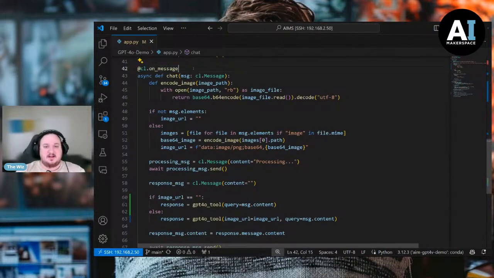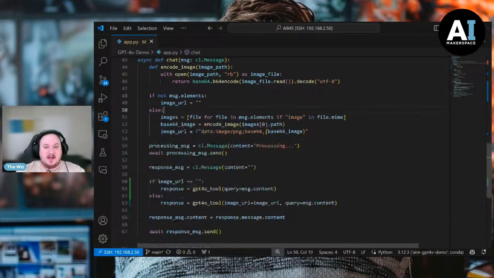We're going to use the Chainlit on message decorator to intercept the message that users send. In here, we're going to encode whatever image that we found into base64. This is required in order for it to work with the actual OpenAI API.